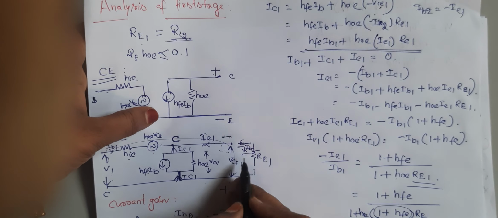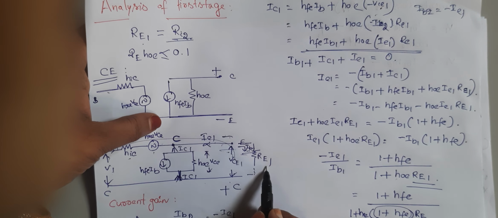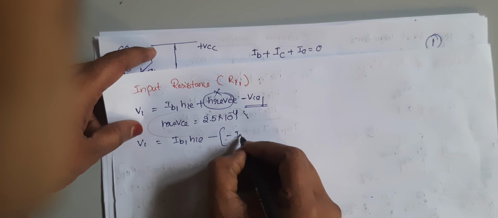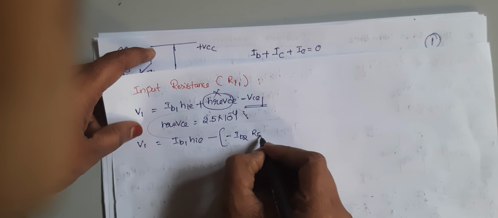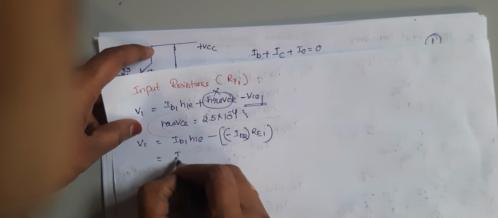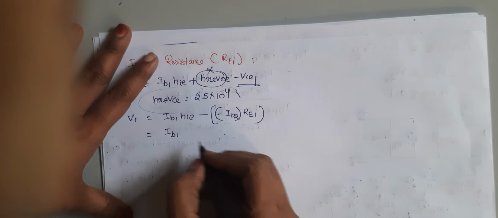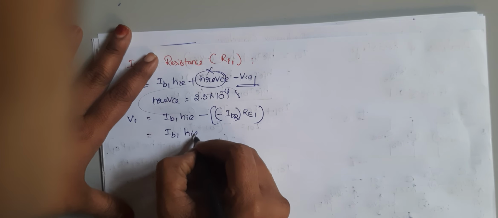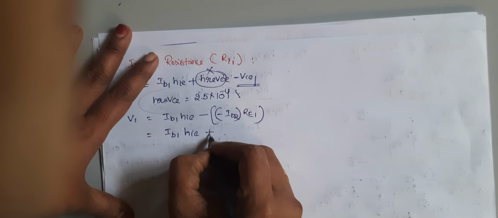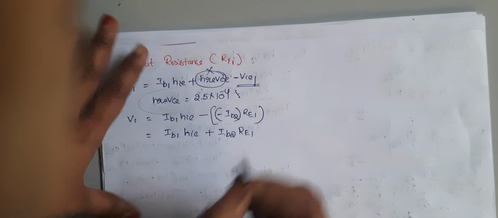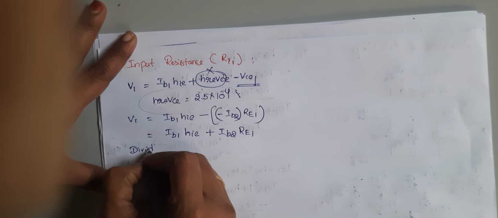It is I into R, so this is IB2 into RE1. So IB1 into HIE plus IB2 into RE1. Okay.